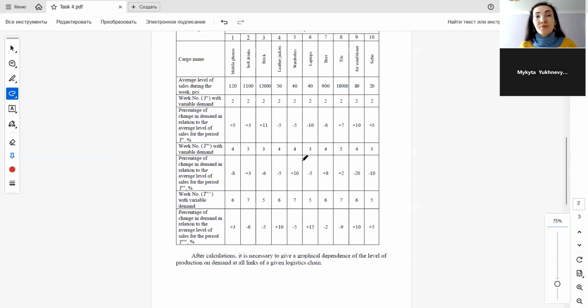Oh, good. So for every variant, we have a change in the second week. The next is the first change of demand, then the second change of demand, and the third change of demand. And we find how it changes and by how many percent it will be bigger or less.